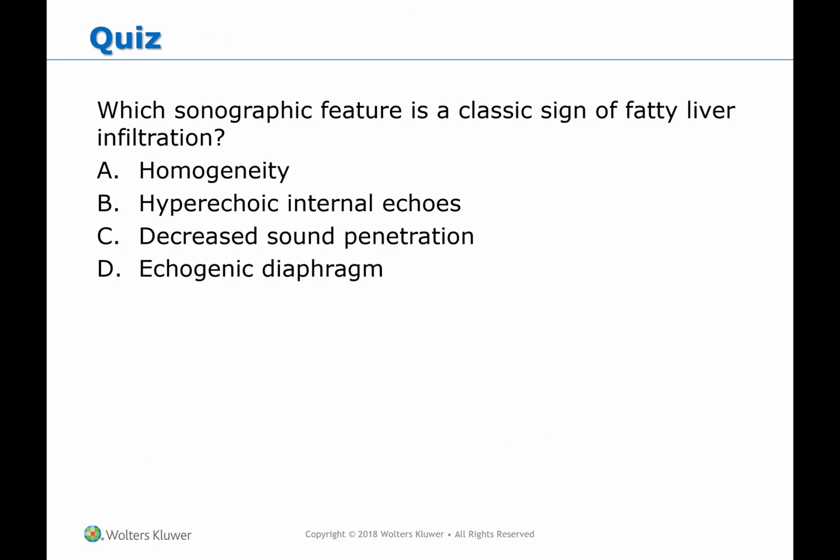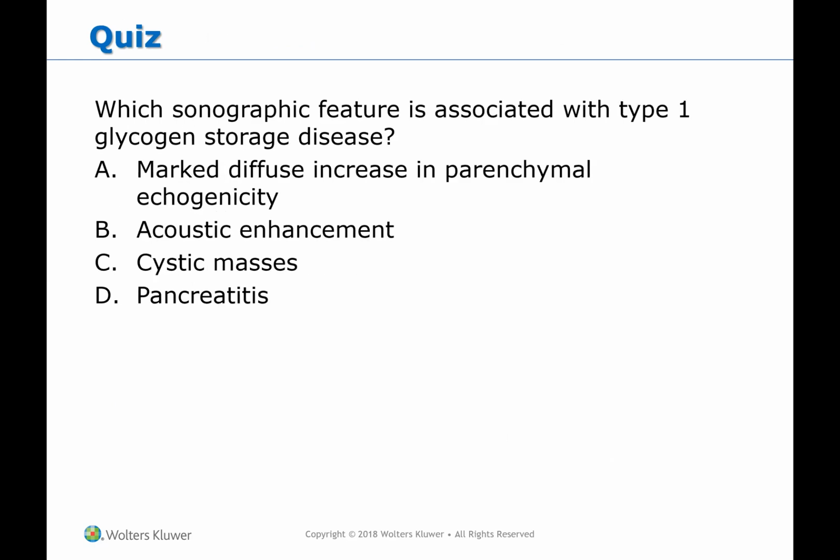All right, let's do our quizzes and then we'll be done for today. Which sonographic feature is a classic sign of fatty liver infiltration? If you said C, it's decreased sound penetration. Which sonographic feature is associated with type 1 glycogen storage disease?